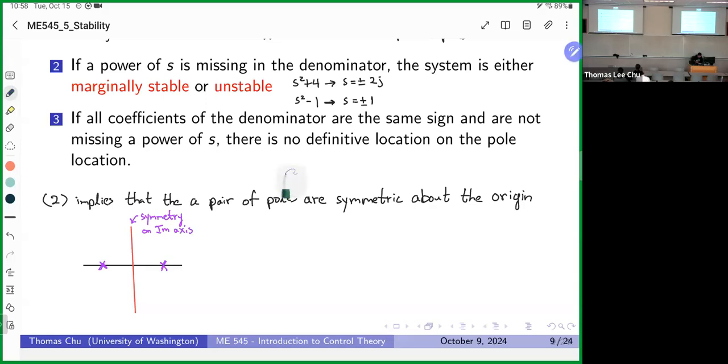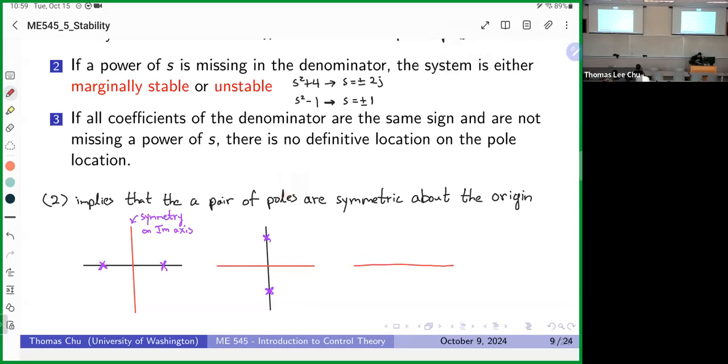You could have symmetry about the real axis. So this is where you have that pair of imaginary poles. Or you have symmetry about the real and imaginary axis.